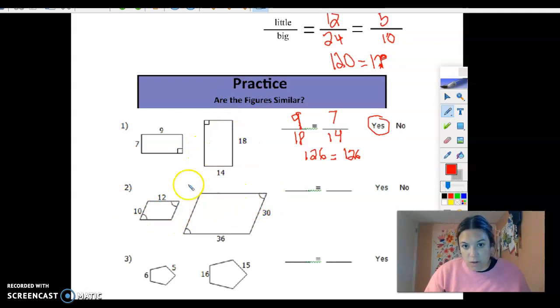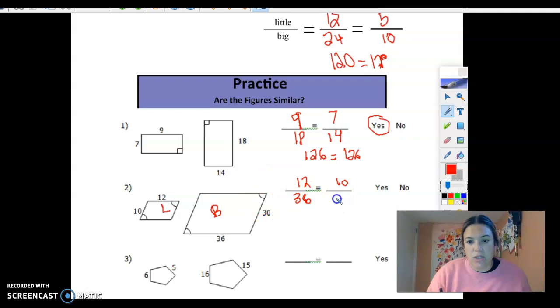Okay, question 2. Are these two figures similar? So I'm going to put this 12, where's the corresponding side on the big? So remember, little, big. So I'm going to put that 12 corresponding to the 36. And then I'm going to have the 10 with the 30.